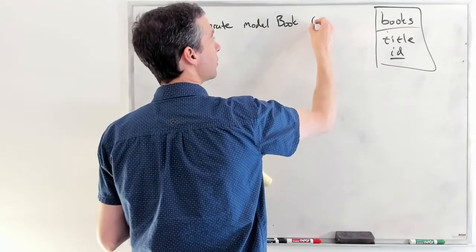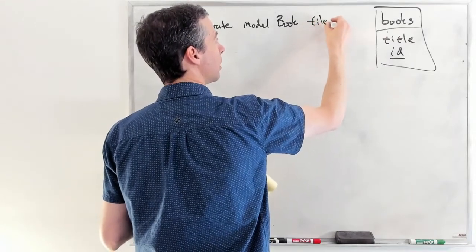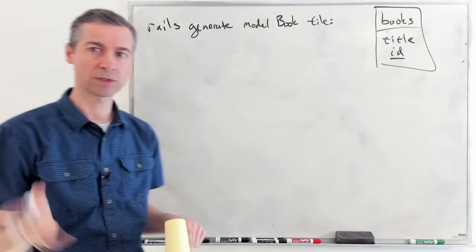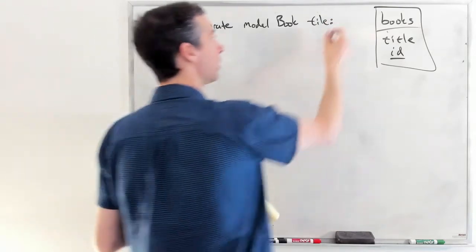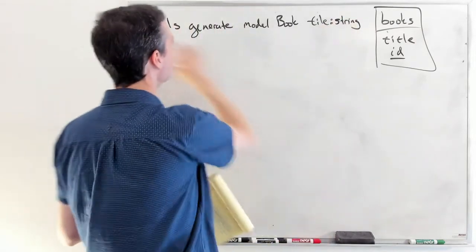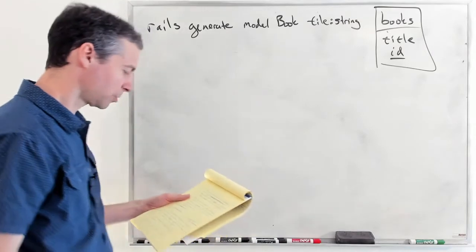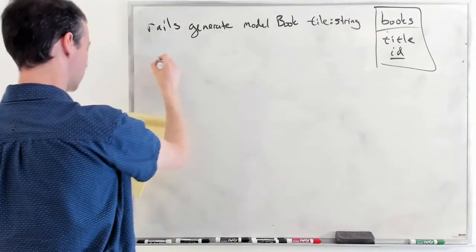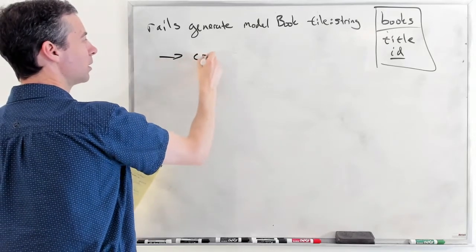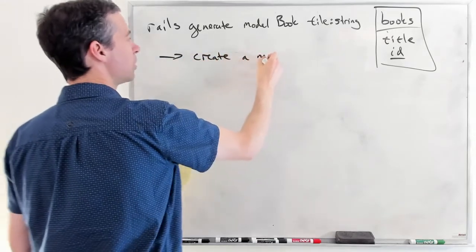So we say we would like a title attribute, and there's a whole set of types, you have to read the documentation, that you can say your attributes are. We want ours to be a string. All right, so you run that, and it will create a migration.